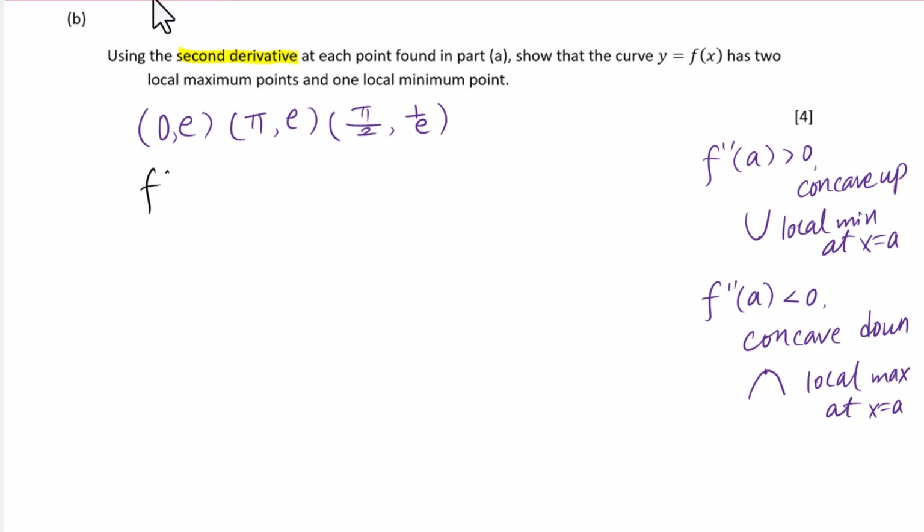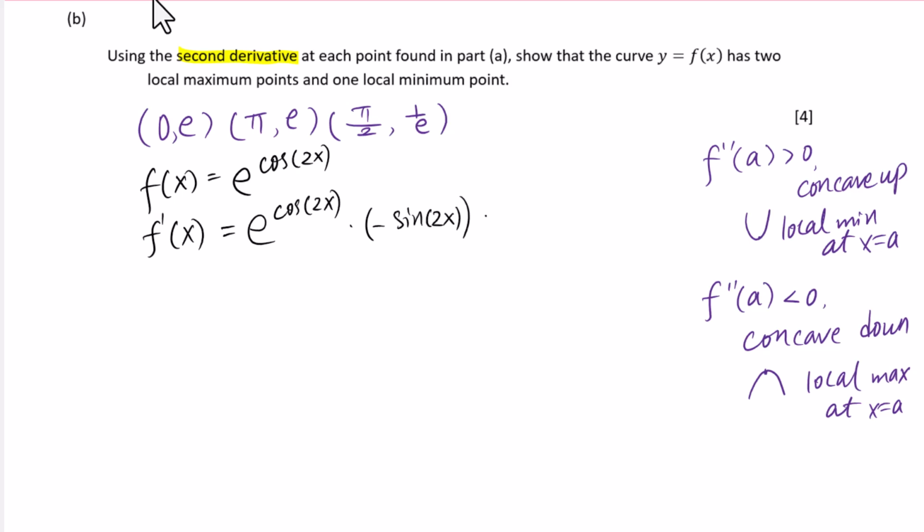We also know f of x equals e to the power of cosine 2x. And f prime of x, we already figured out, e to the power of cosine 2x times negative sine 2x, then times 2, which is negative 2 sine 2x times e to the power of cosine 2x.